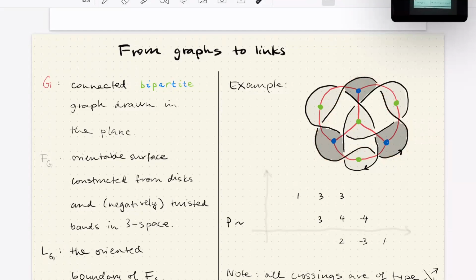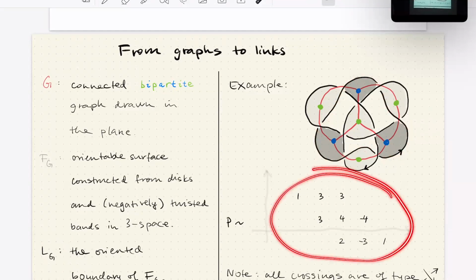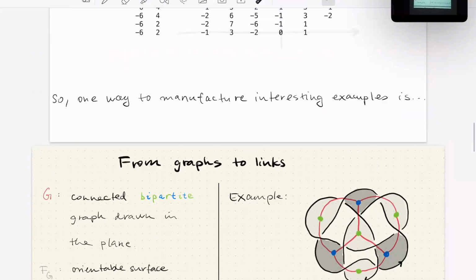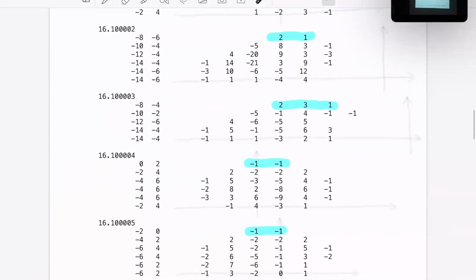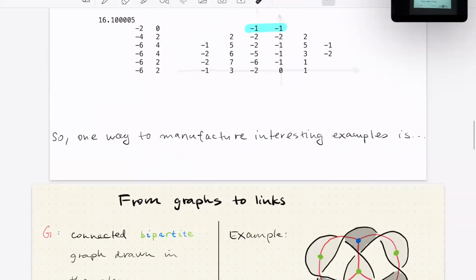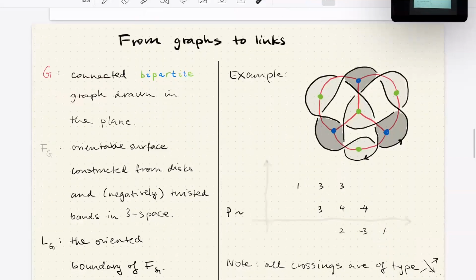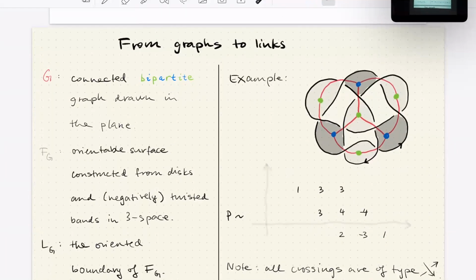So when you take the HOMFLY polynomial of this, this happens. Sort of an unusual shape. Maybe if you compare it to my previous examples, it's fairly different in terms of the shape. So it's manufactured that way, and I kind of know why this is happening. One little thing that will come up later: all these crossings that I made are so-called positive crossings.